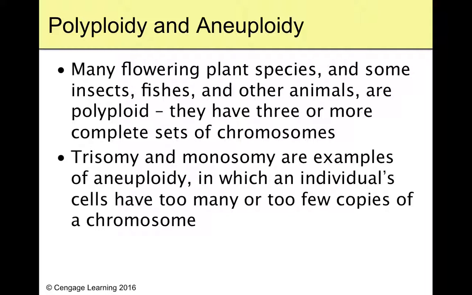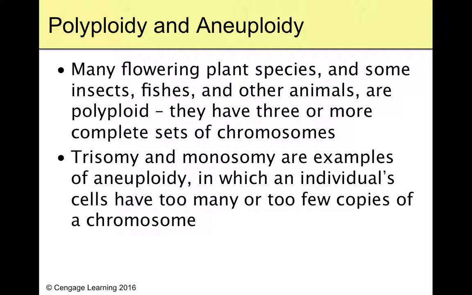We've said that humans have 23 pairs, so we have 46 total. Polyploid would be like, instead of 23 pairs, 46 total, you'd add another 23 to that, and another 23 to that, and you become 3N, and 4N, 5N. You don't add 1 chromosome, you add a whole additional set of 23 chromosomes.